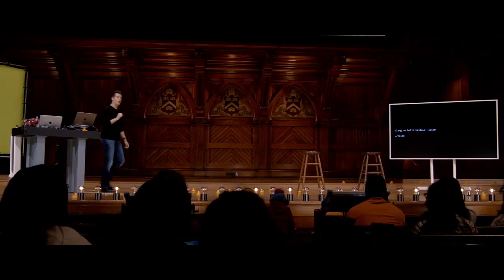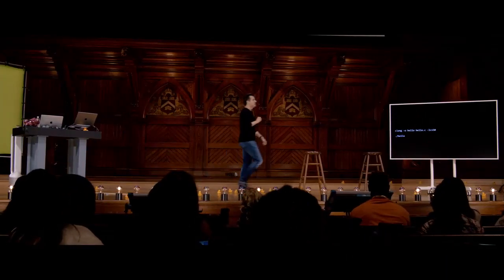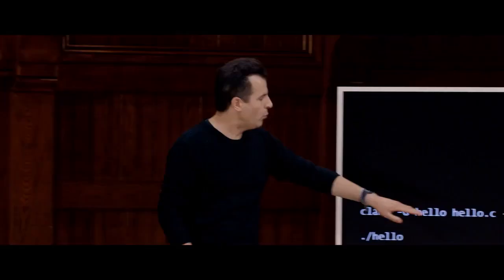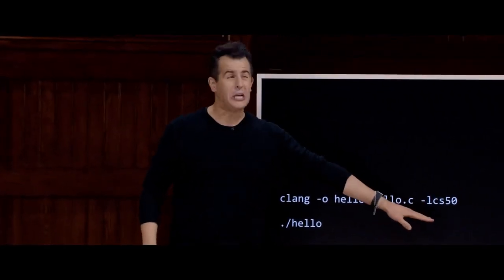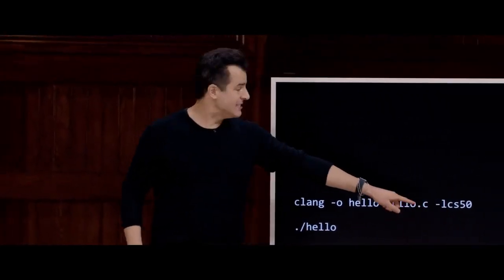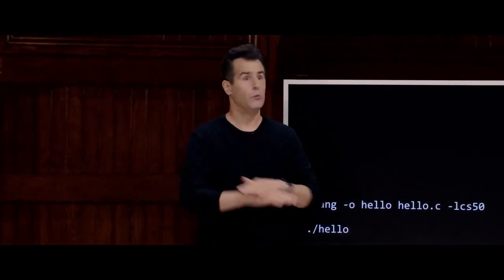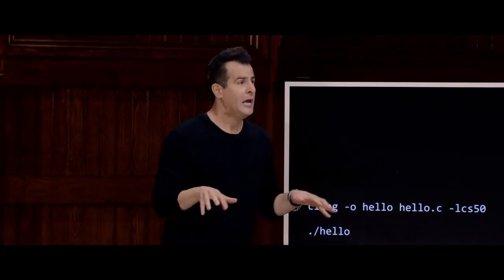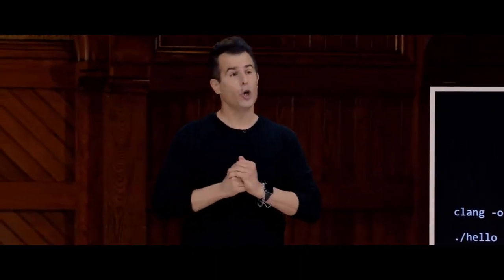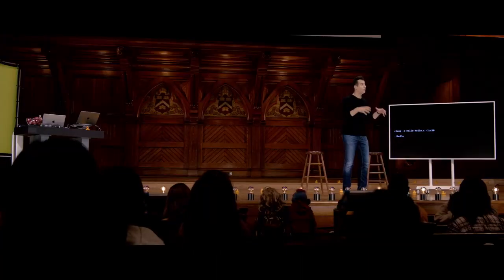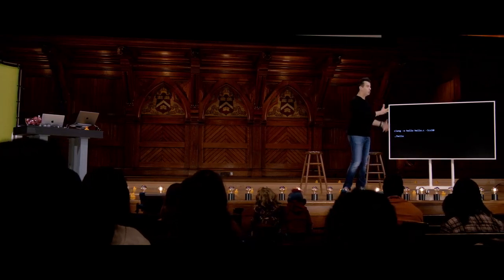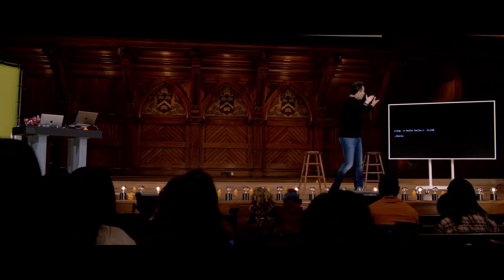Almost the same as before, clang -o hello, then hello.c, but with one additional command line argument at the end. And this is a -l, not a number 1, so -l cs50 with no space in between those two. Now, the l is going to result in all of those zeros and ones that actually were written by CS50 being linked into your code, your few lines of code or mine here.